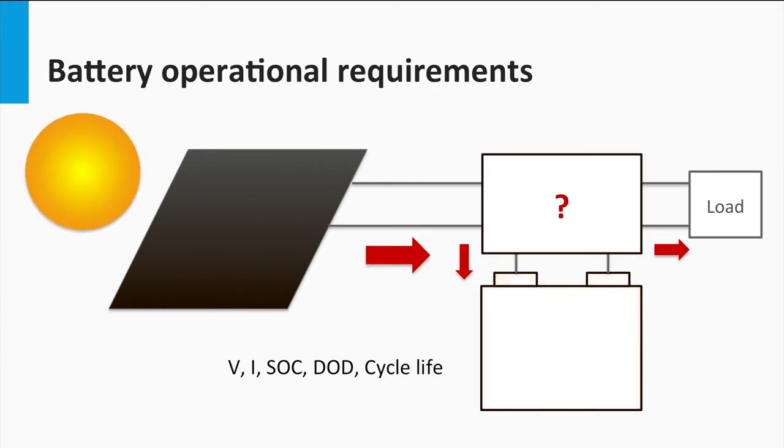This means that we need a device that can interface three-way between the PV system, the battery, and the load, and ensure that the electrical parameters around the battery are maintained within the battery manufacturer's specifications. This is where the charge controller comes in.